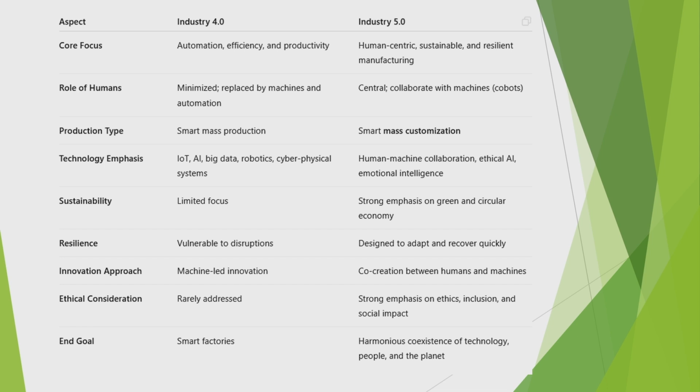The end goal of Industry 4.0 was smart factories, but the Industry 5.0 end goal is harmonious coexistence of technology, people and the planet. So this is Industry 5.0, where human beings will also play an important role, and humans and machines have to coexist together.